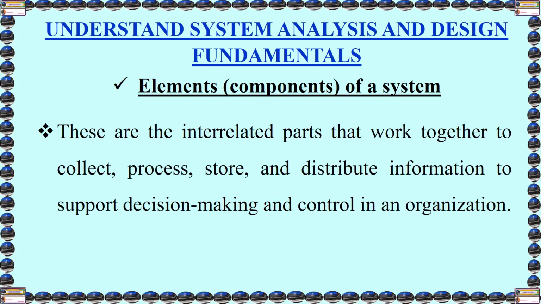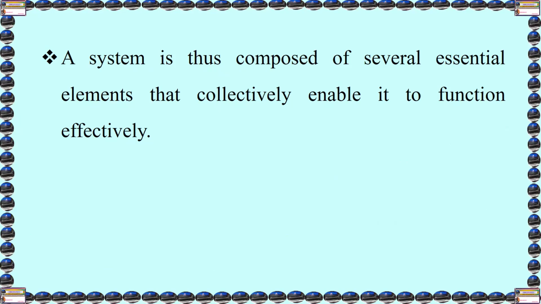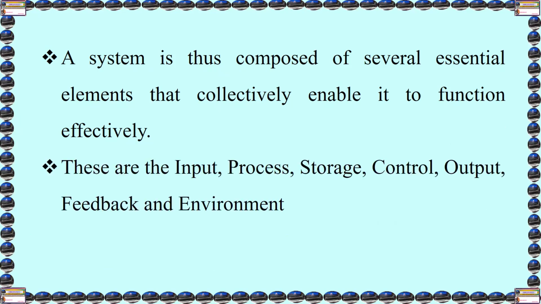These are the interrelated parts that work together to collect, process, store, and distribute information to support decision-making and control in an organization. A system is thus composed of several essential elements that collectively work together to enable it to function effectively. These are the input, the process, the storage, the control, the output, the feedback, and environment.